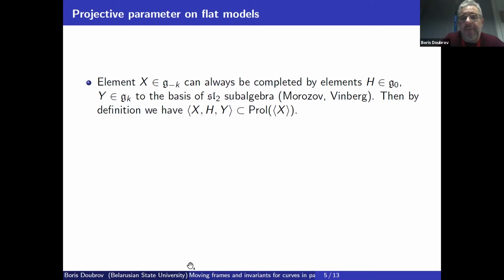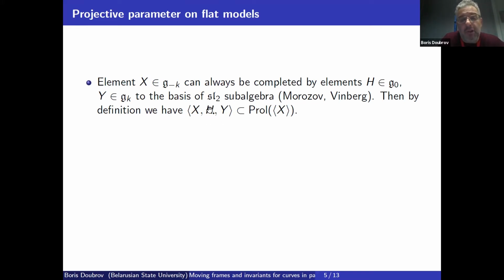Just by looking at the definition, we know that this SL2 subalgebra, or SL2 triple as it is often called, would belong to our prolongation. It's straightforward to see that H would belong to the degree 0 elements in the prolongation, just because the bracket of X and H is proportional to X, is 2X, sorry, or well.